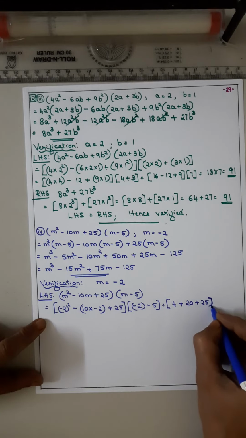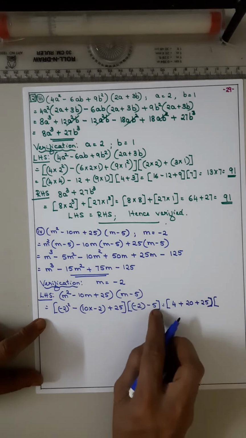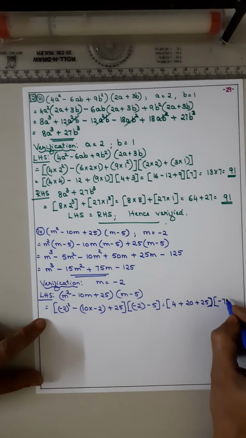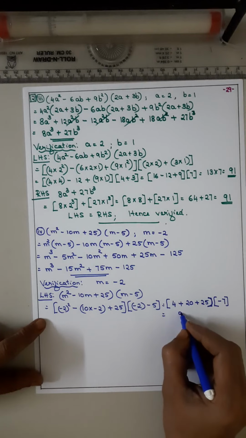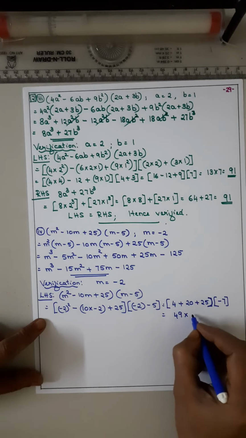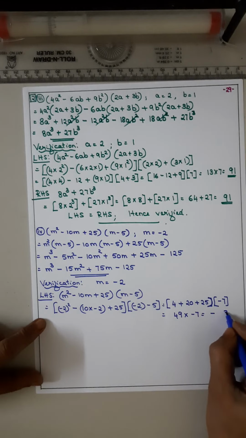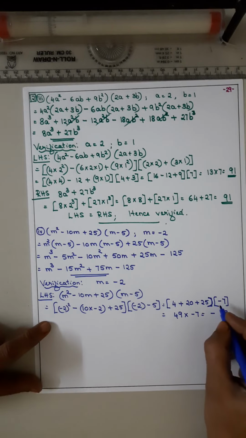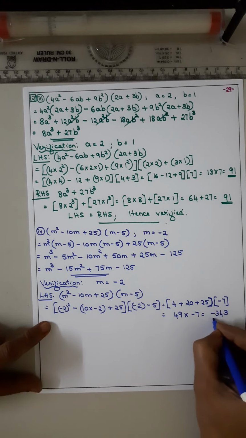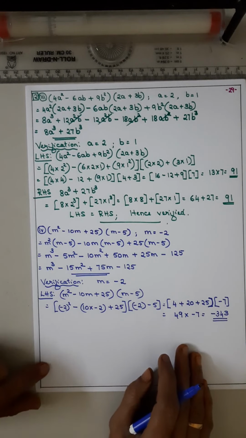Or here, -2 minus 5 is minus 7. That becomes 5 plus 4, 9, 2 plus 2, 4, into -7. Sign plus minus minus, 7 9s are 63, 6 in hand, 7 4s are 28, 34. That is minus 343.